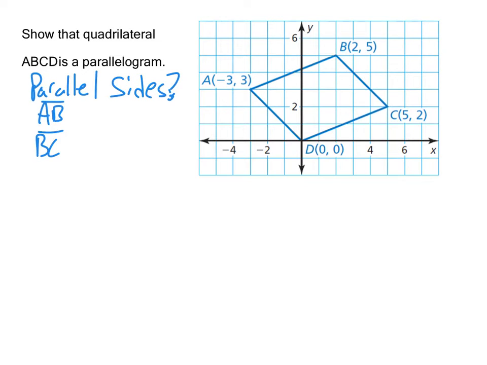So I'm just going to list my sides here, and then we'll find some things out about them. All right, so for AB, what's the slope? This one right here looks like we're going up 2 over 5. So that is a slope of 2/5. What about BC?